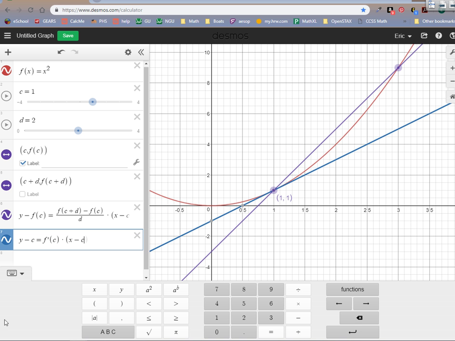Okay, it worked. Good. So there's the tangent line, right? Everybody see that? The blue line? Everybody agree it's tangent? Okay, so watch what happens here then.